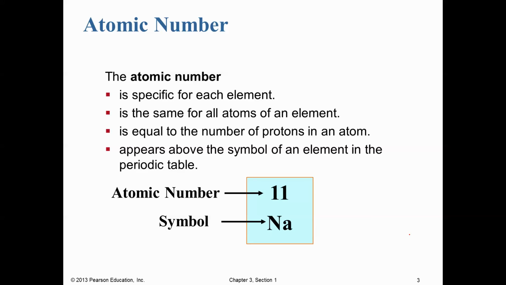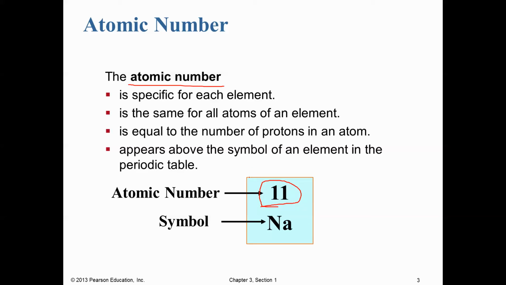So moving on, there's a number of vocab terms we're going to need in this chapter, and one that's very important is what's known as atomic number. Atomic number is listed above the element on the periodic table. If you look, there's usually a symbol, and there's an integer number above that symbol. That number above the symbol is the atomic number.